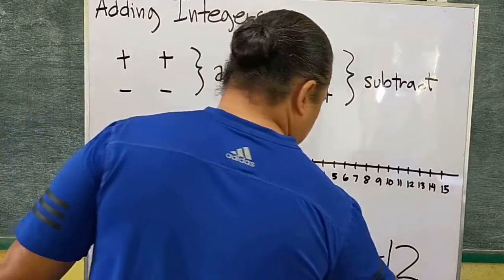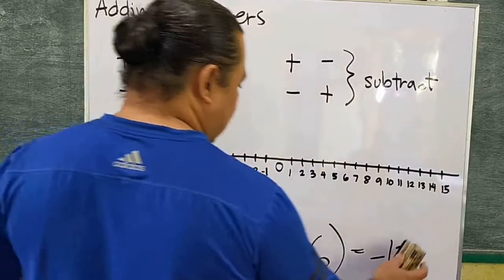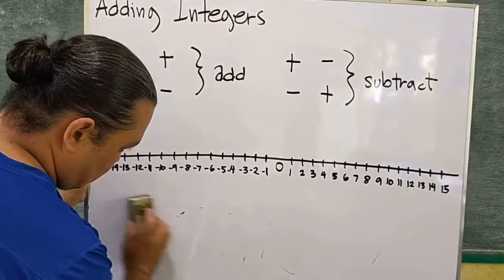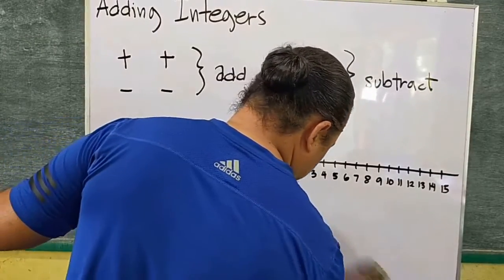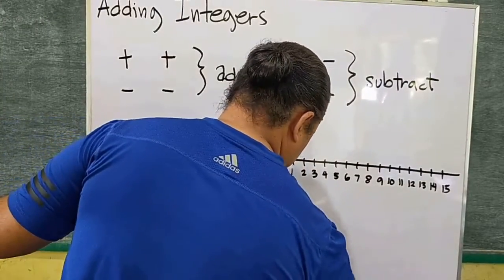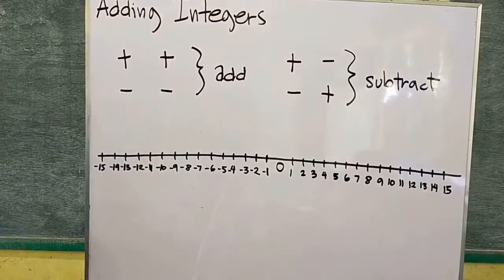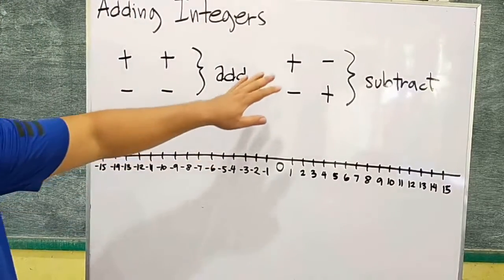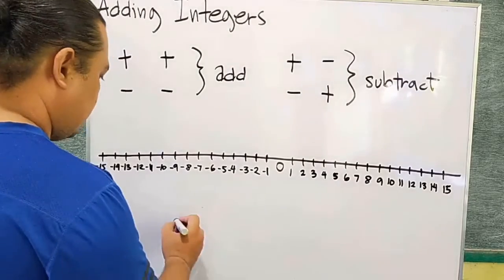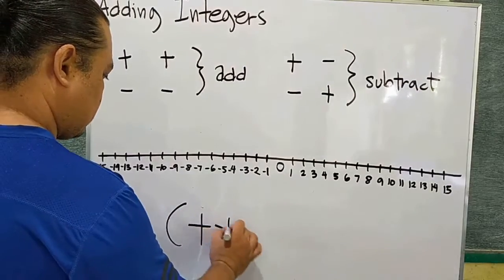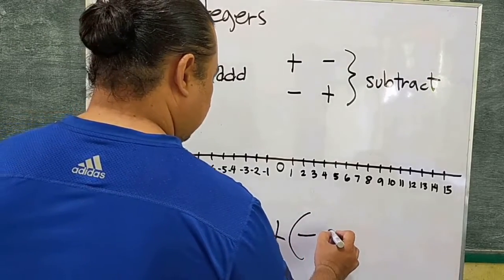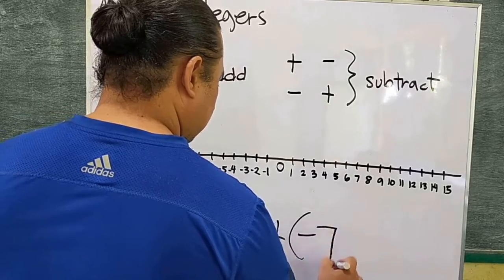Now let's add, this time, unlike integers, meaning they have different signs. Okay. Let's try adding now unlike integers. For example, we have here positive 4 plus negative 7.